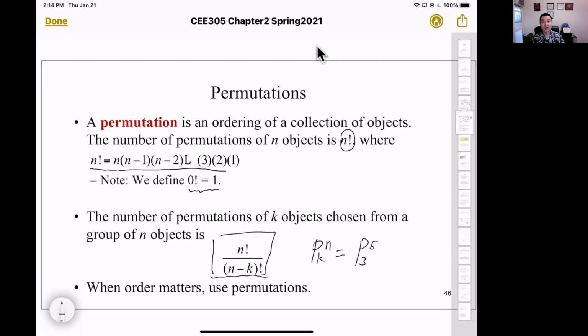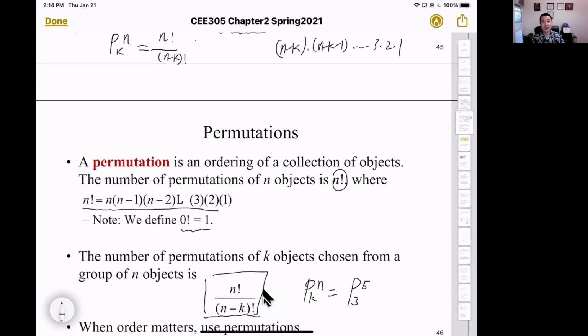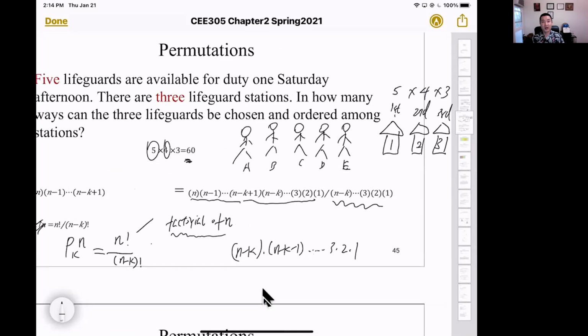In the cases when order matters, we should use permutation. So what does that mean? What is order matters? In the lifeguard example, we have 5 lifeguards and we have 3 different stations. The stations are different, so in this case the order does matter.